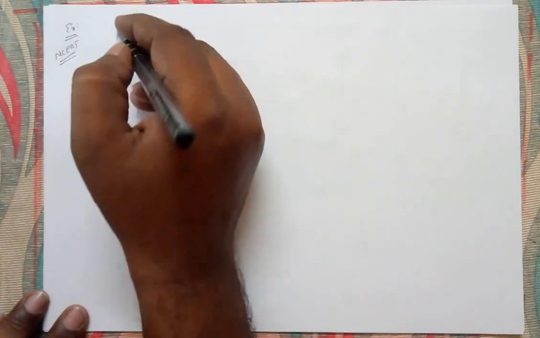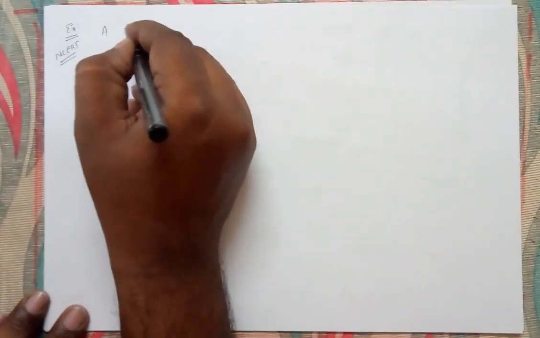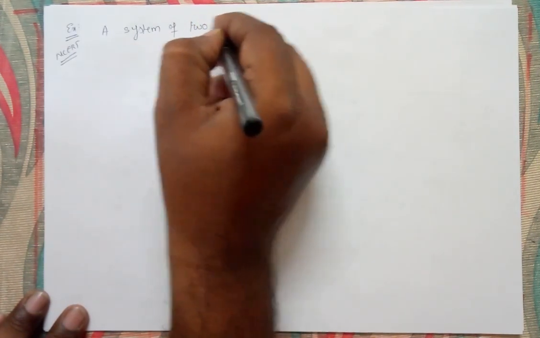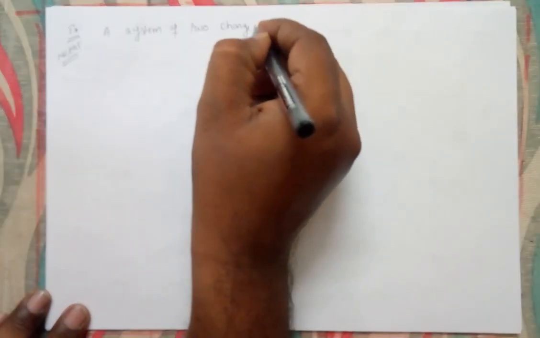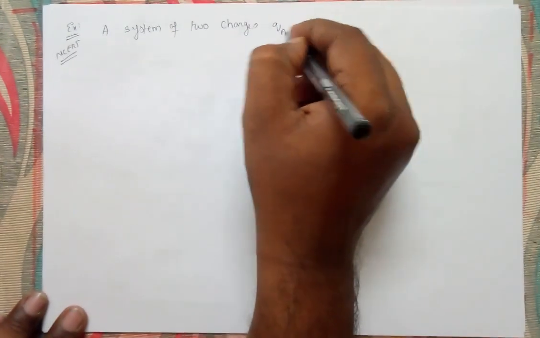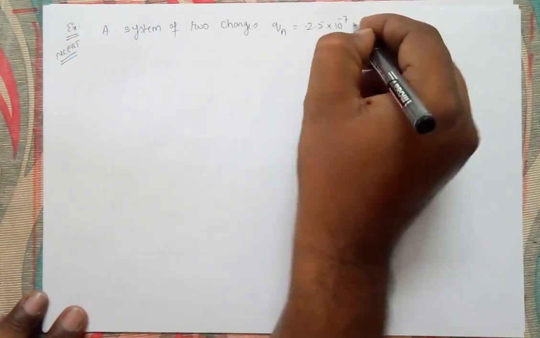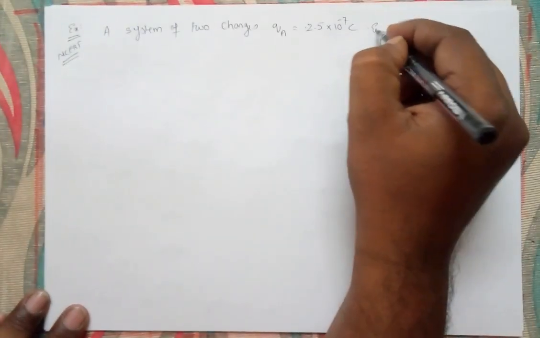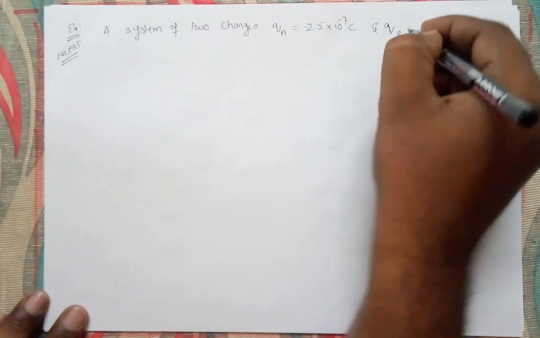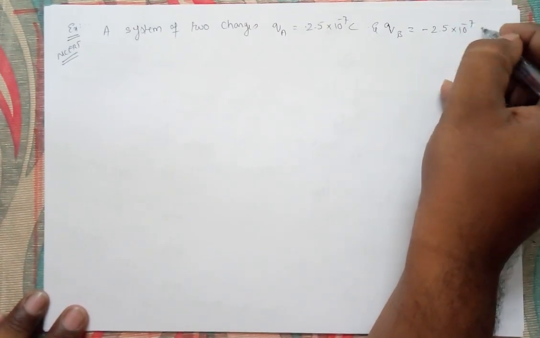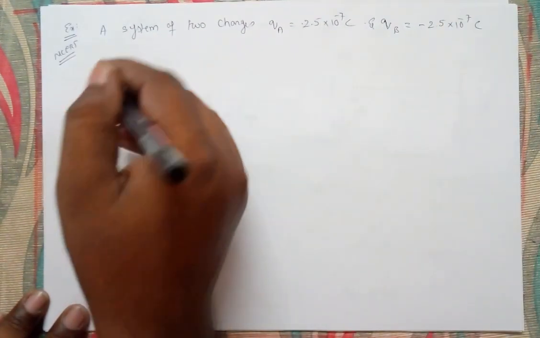They have a system of two charges, one is QA equal to 2.5 into 10 raised to minus 7 coulomb, and QB equal to minus 2.5 into 10 raised to minus 7 coulomb, located at points.